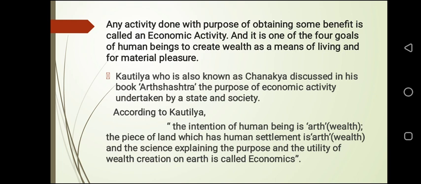And the science, the applied principles which explain this concept of purpose as well as attaining wealth, is called economics. So this is what economics is all about, to learn how human beings have a purpose of earning their wealth. I hope you are clear with this today.